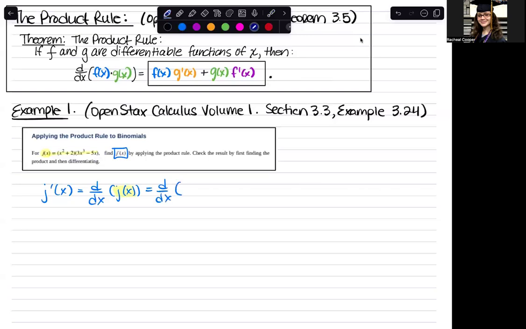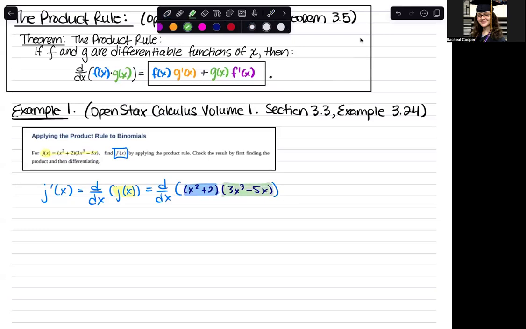So we are going to take the derivative of a function x squared plus 2 times another function 3x cubed minus 5x. And this is hopefully when you will start to recognize that you need the product rule. You have a function here multiplied by another function here.